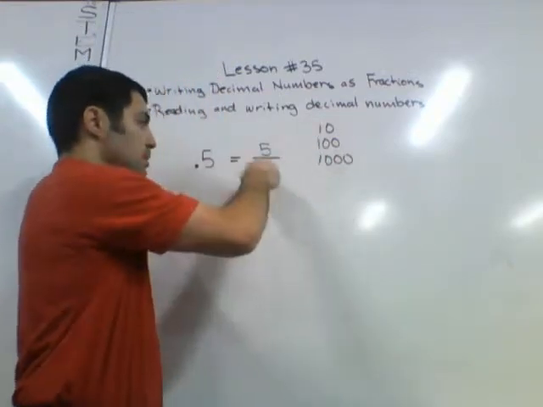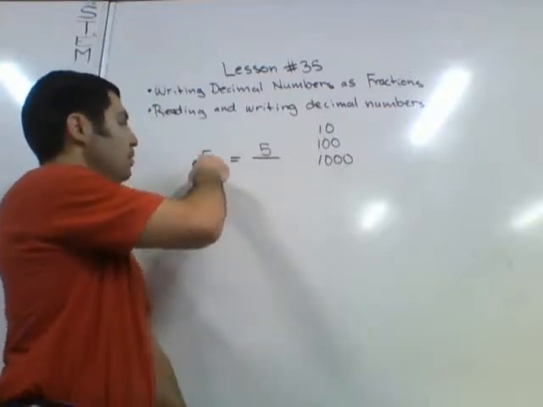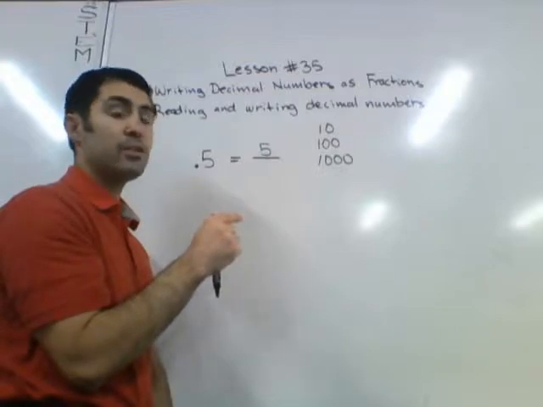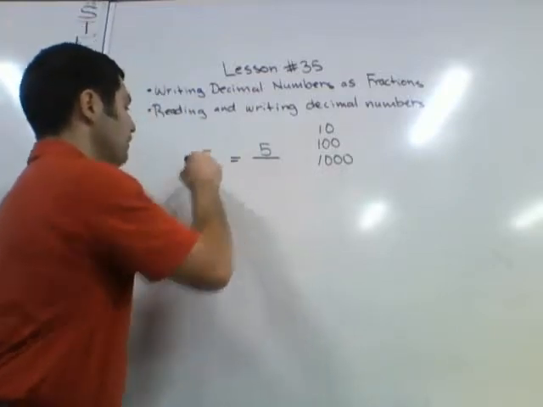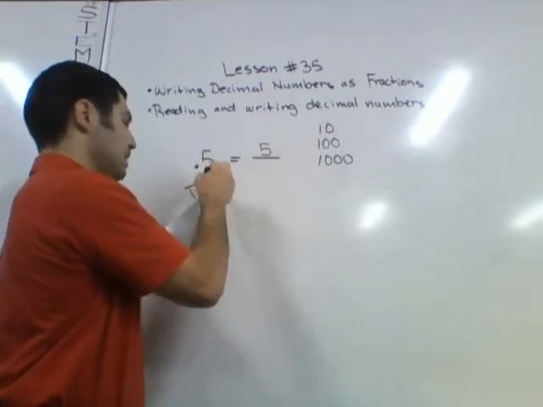But which one of these goes as the denominator? Well, that is indicated by the place value. So you've got to know place value. That's why, I think last lesson or the lesson before, yesterday, we were talking about place value. So 5 is in the tenths spot.